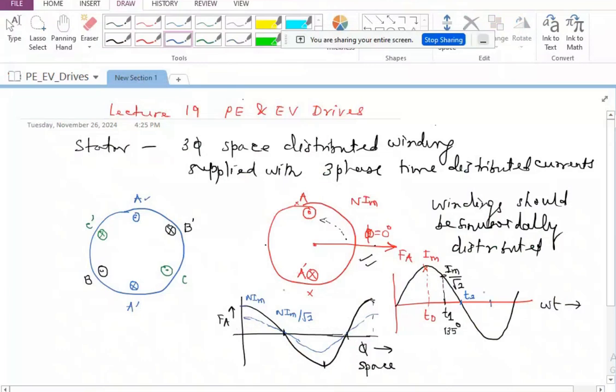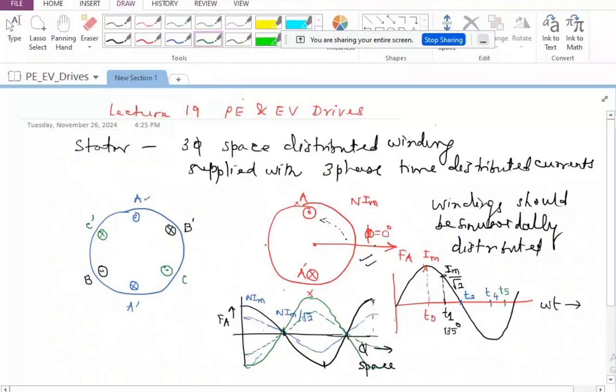If I try to look at it at time t equal to t4, it should be exactly reversed. So I should have minus Im coming here and plus Im going here, and it should go like this. And when I look at T5, which is again another 45 degrees from T4, then I should have this coming down somewhat like this. It will be probably again Im divided by root 2, but exactly in the opposite sense.